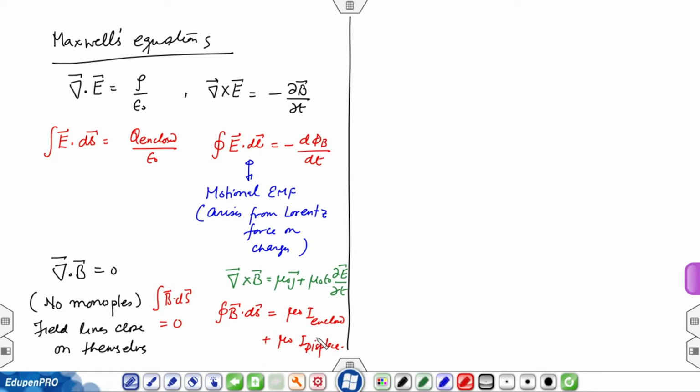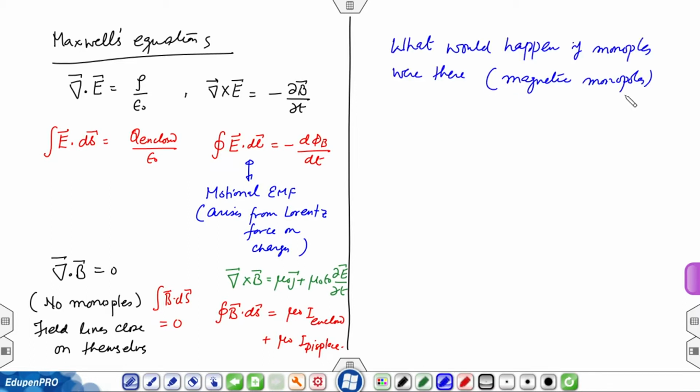What about if monopoles existed? What we mean is magnetic monopoles. In that case, the equation for divergence of E does not get affected, because it depends only on the charge density. However, the curl equation would be modified, because now there is a possibility of a magnetic current.